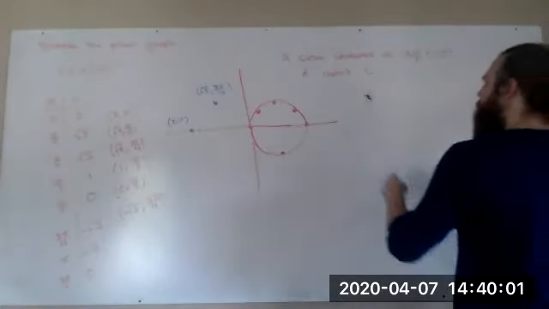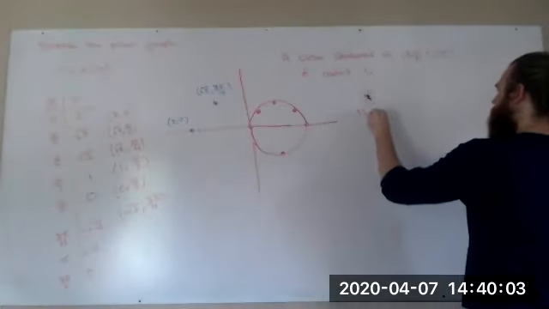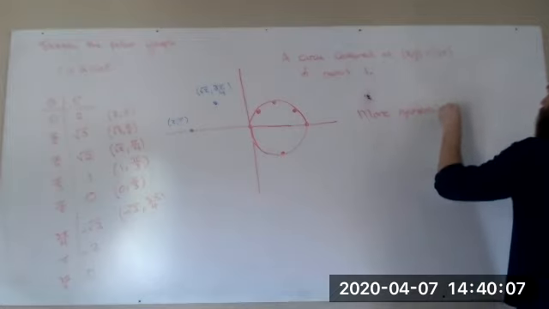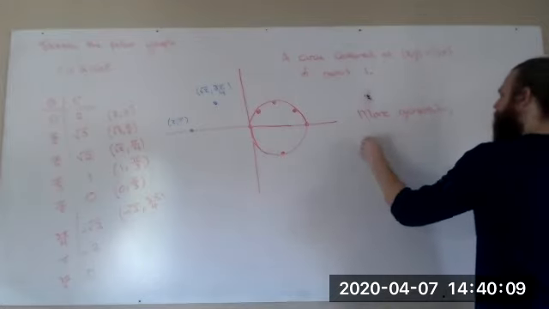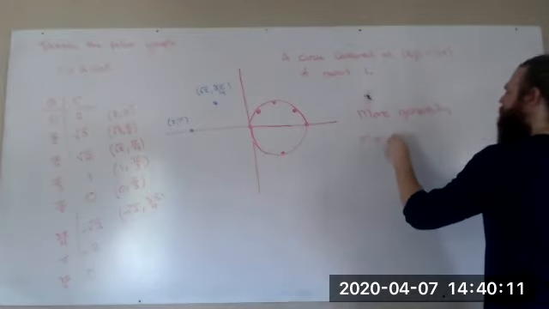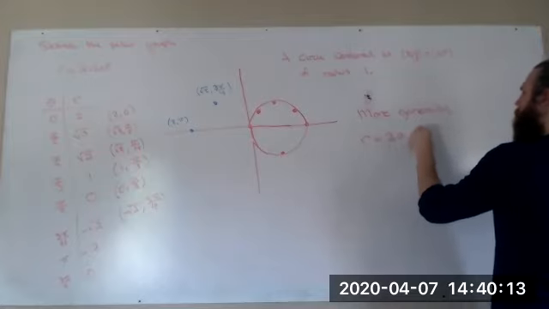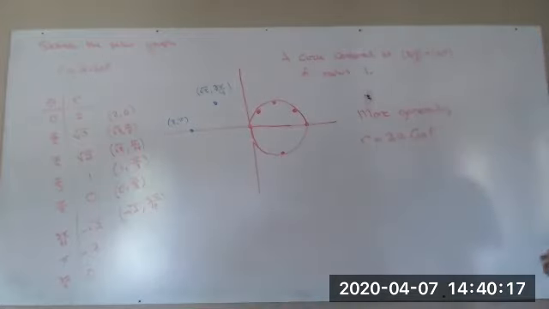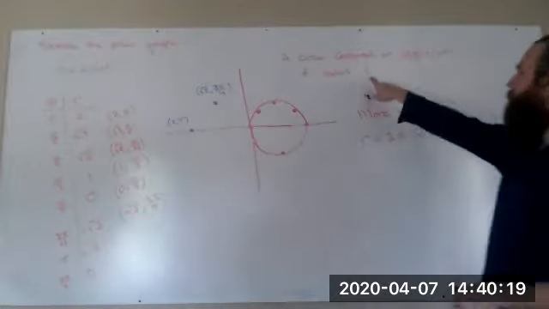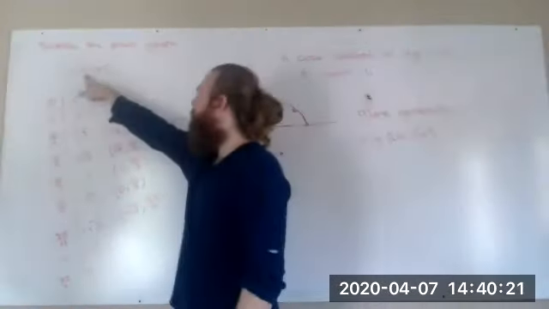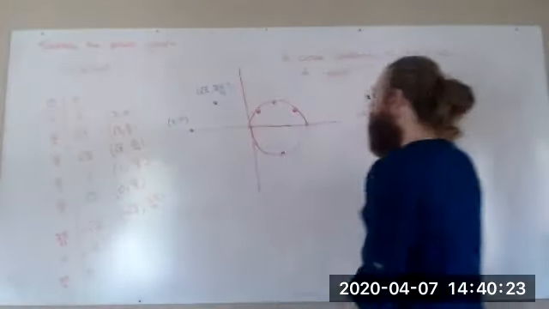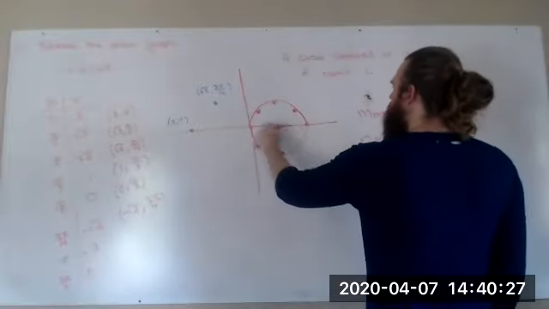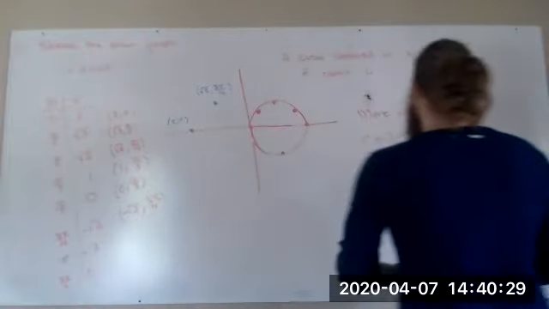So more generally, if I look at r equals, I'm going to write it as 2a cos theta, because here you notice the radius is half of the number that was in front. And the center is along the polar axis or along the x-axis at a over 2 also.